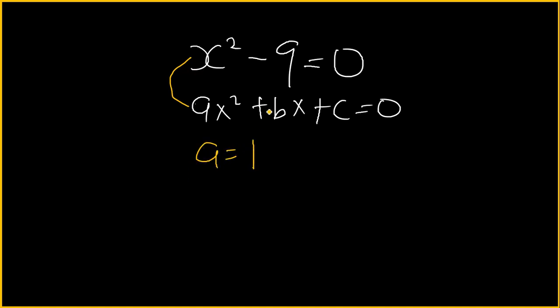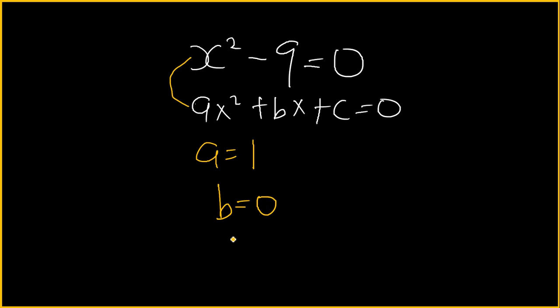For b, from the equation, there is no x in the equation, meaning our b is 0, or we don't have any b.